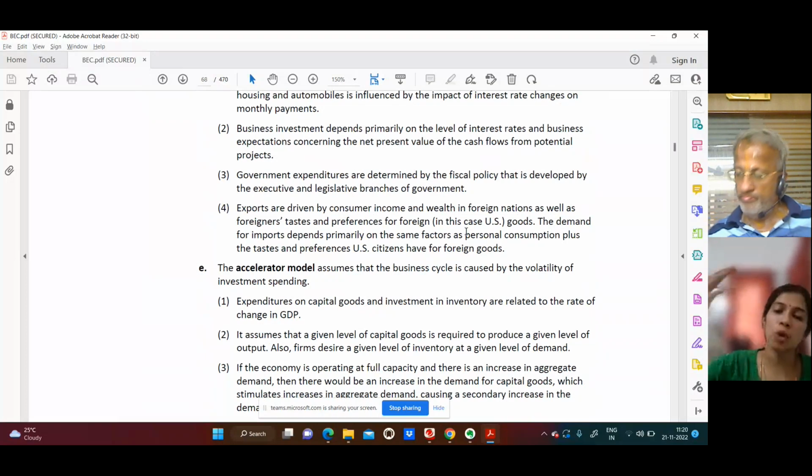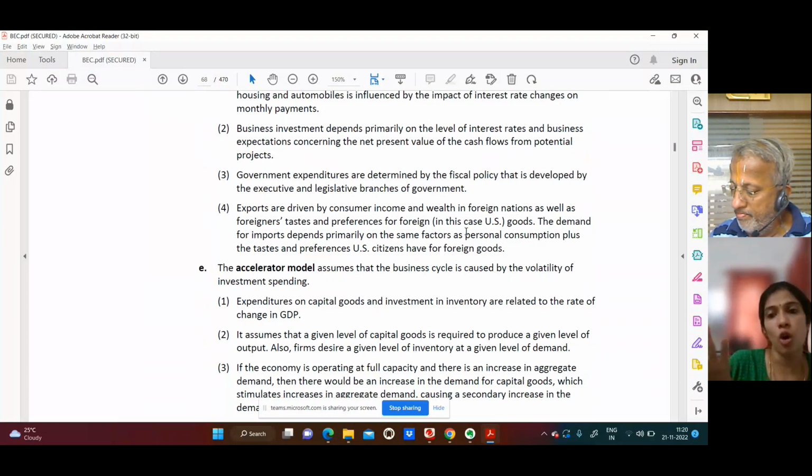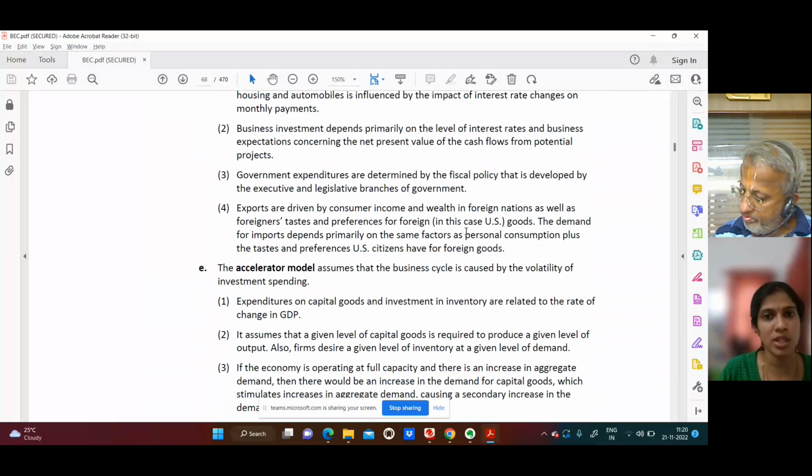So if you make more investment in capital goods, the business cycle is caused by the volatility of the investment spending. If you spend more, then you are actually getting more also. If you spend less, then your infrastructure or investment in capital goods is less.